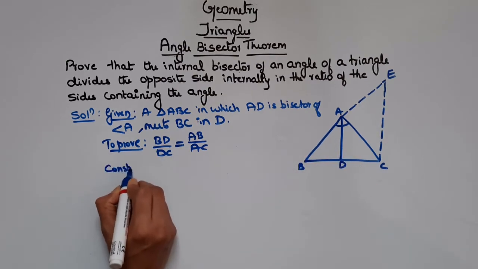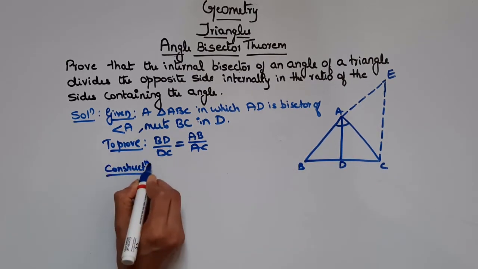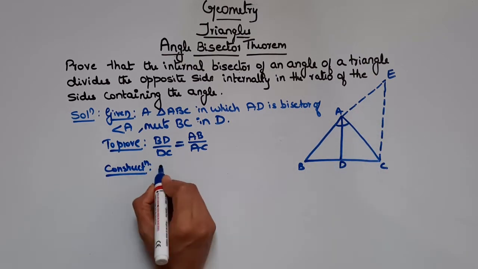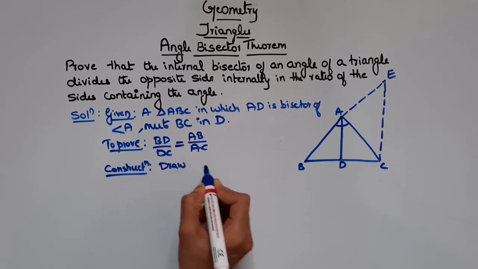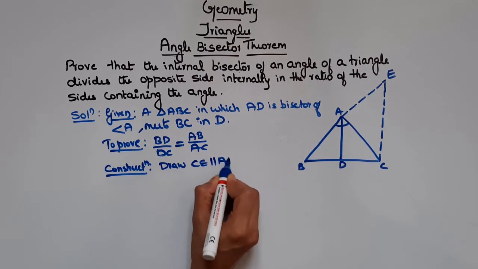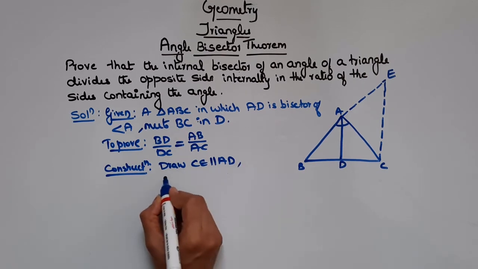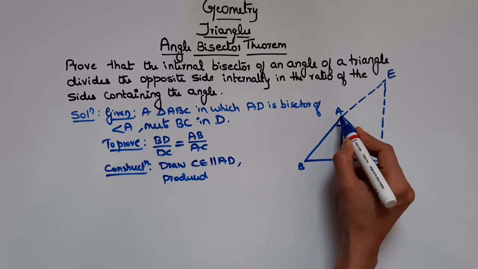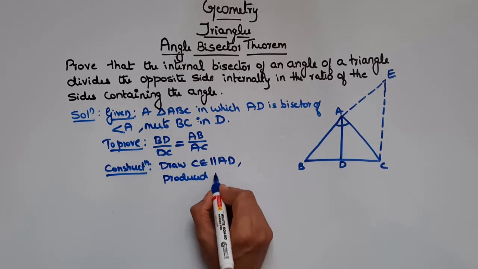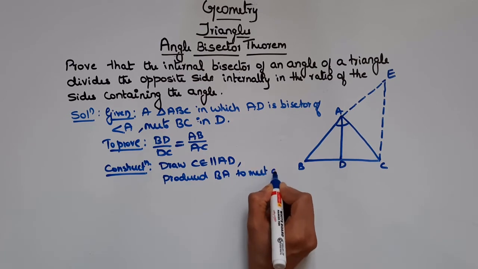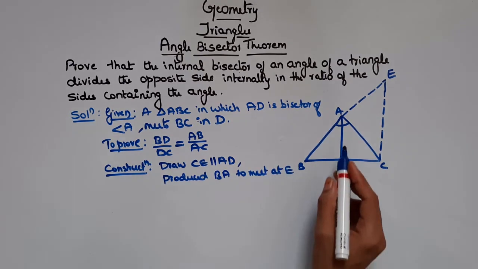Construction. We drew a line from C parallel to AD. So draw CE parallel to AD, right? And we produced line BA to meet at E.